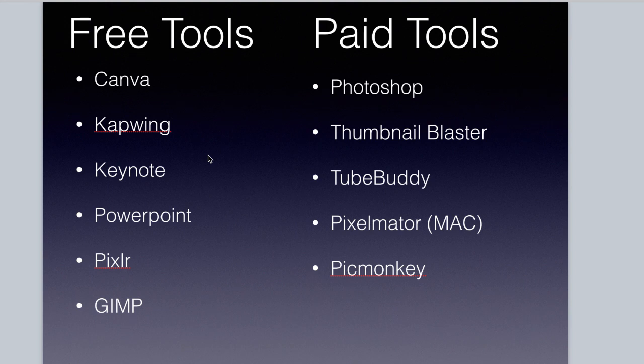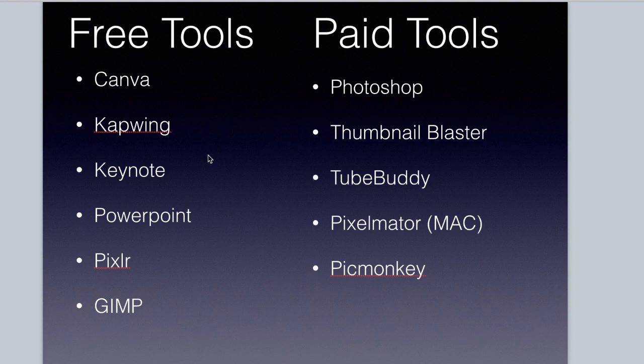Capwing, I've talked about that before. This is a nice little tool that you can use to create slideshows. It'll create subtitles for your videos, and also you can create thumbnails with it very easily. You can just go into Capwing.